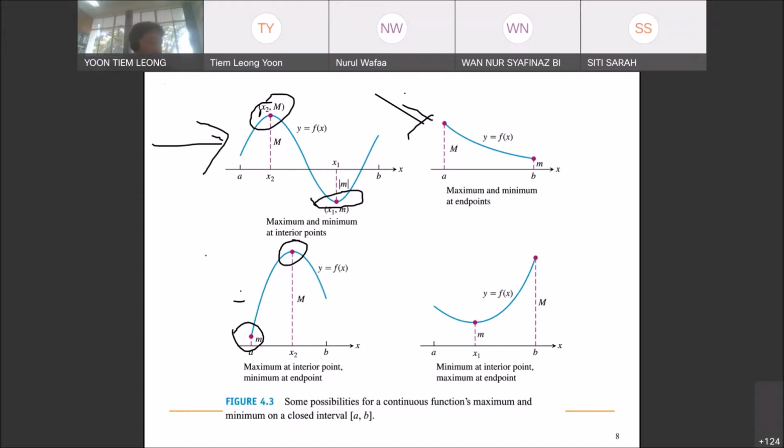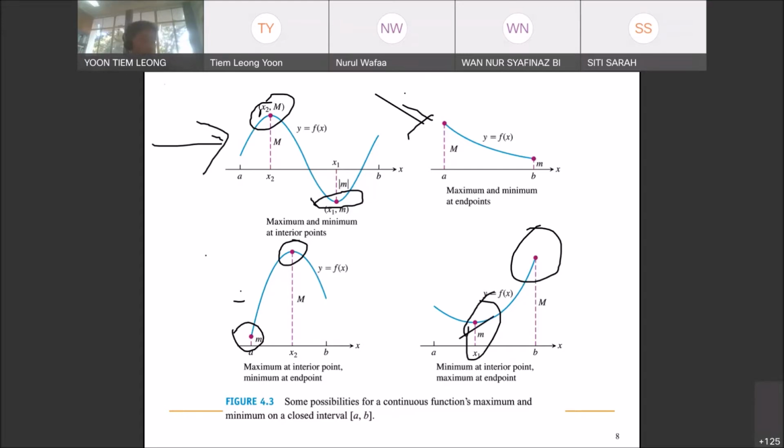And in this particular case, the absolute maximum is happening at the endpoint, and the local minimum is happening at an internal point.